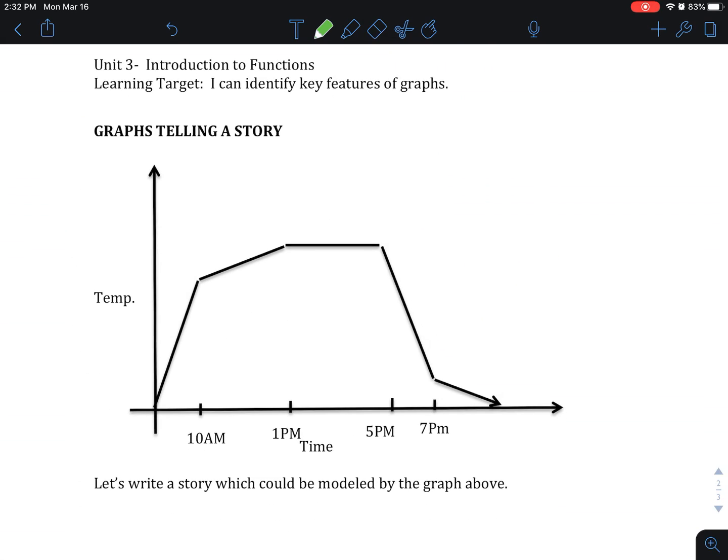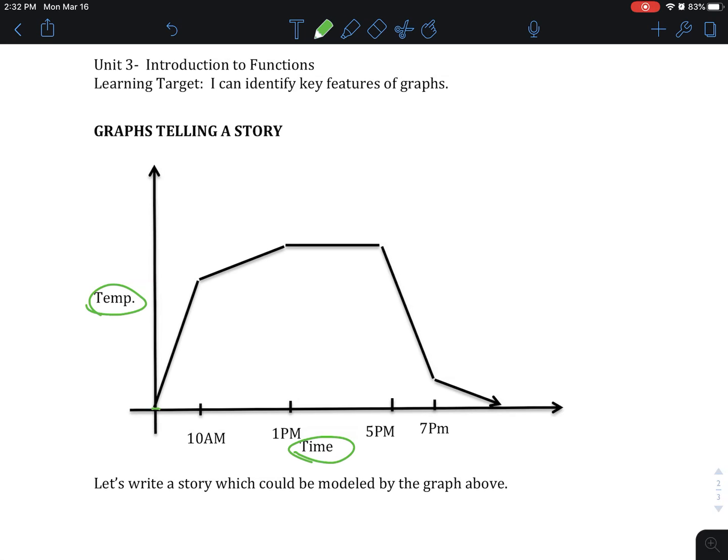Now, let's look at a graph that already exists. And we want to tell a story about this graph, okay? So the first thing we'll notice is that what we're talking about is the relationship between temperature and time. And I didn't give any more context to this, but let's say this is the temperature of, I don't know, our house, for example, the temperature inside of our house. Let's tell a story about what's going on with the temperature inside of our house over the course of the day, okay?